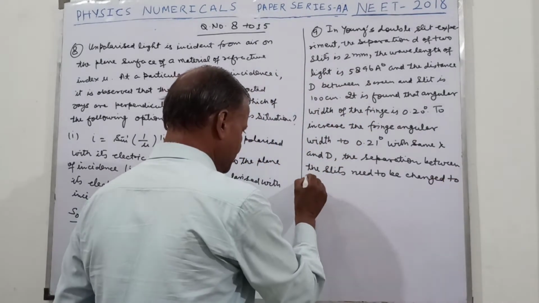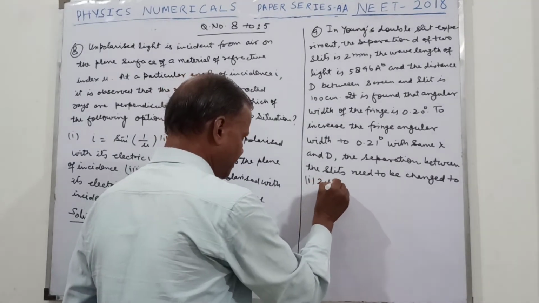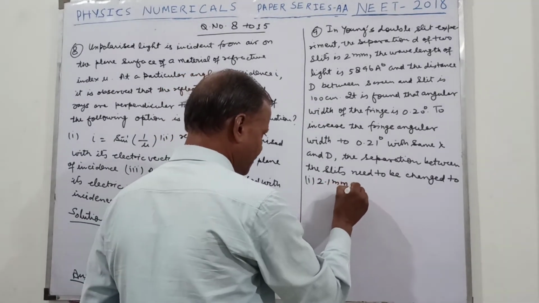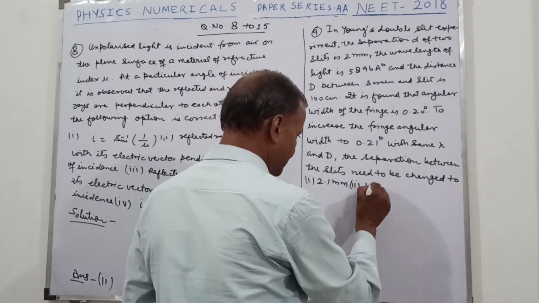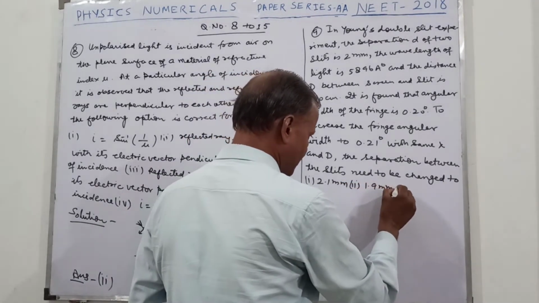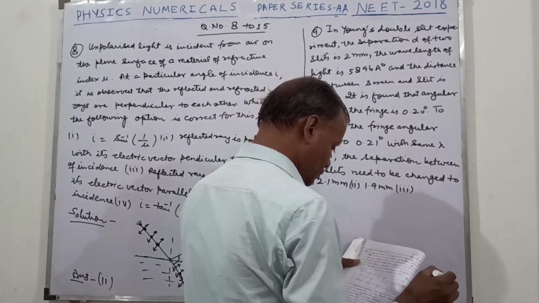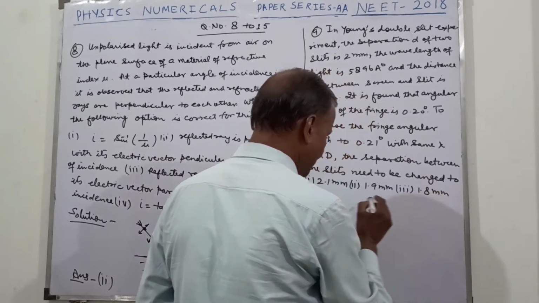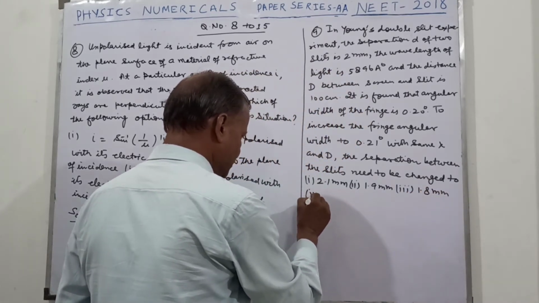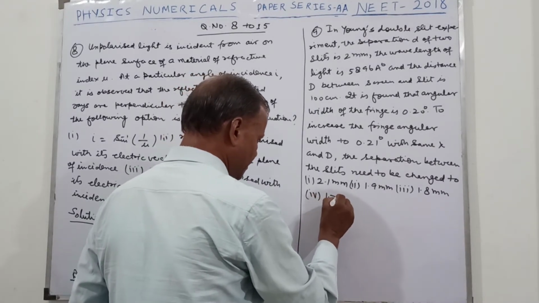Now the options: first is 2.1 mm, second is 1.9 mm, third is 1.8 mm, and fourth is 1.7 mm.